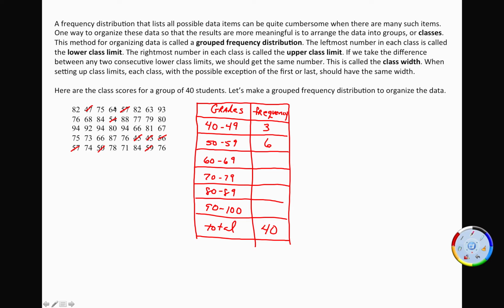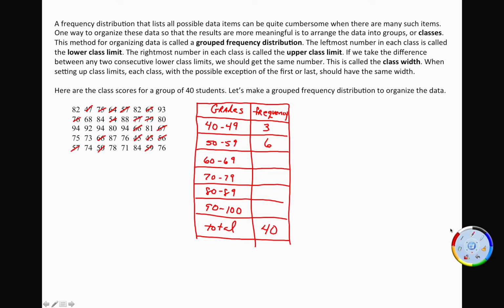Now I'm looking for 60s. 1, 2, 3, 4. 70s, I've got 1, 2, 3, 4. Oh, I missed a 60. Look, so a 60, I need to change that to 5.